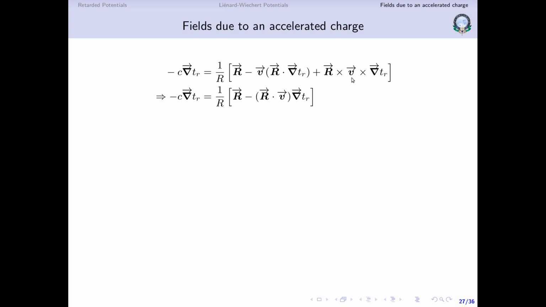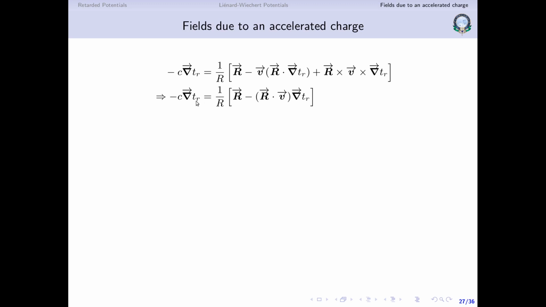So that will give us r cross v cross gradient of tr is equal to v into r dot gradient of tr minus gradient of tr into r dot v. The first term, v into r dot gradient of tr, will cancel out with this term, and what is left behind is the second term, gradient of tr into r dot v. So that's how we end up with this quantity.